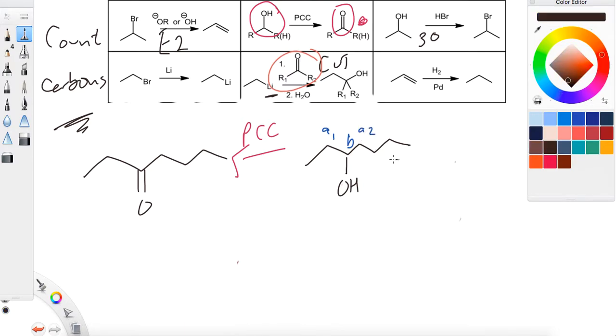So if I were to cut over here, I'd get 2 carbons there. 1, 2, 3, 4, 5 carbons there. Now that can pose an issue because I need 4 carbons or less. So let me see what cutting on the other side will do for me. So if I cut between B and A2, I get 1, 2, 3 carbons over here. 1, 2, 3, 4 carbons over there. That's a much better solution, so that's the guy I'm going to go with, okay?